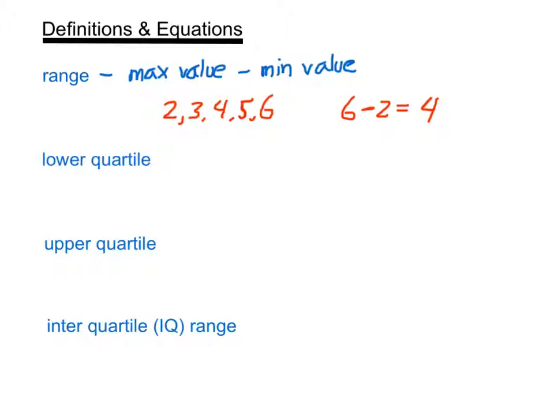Remember that the median splits a data set in half, while the lower and upper quartiles do the same thing for the lower half of the data and the upper half of the data. So the lower quartile is the middle value of the lower half of the data.